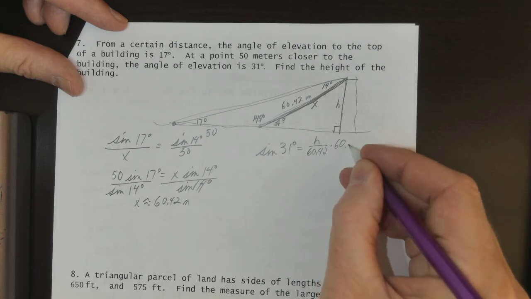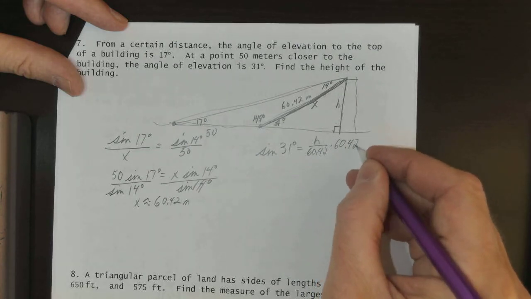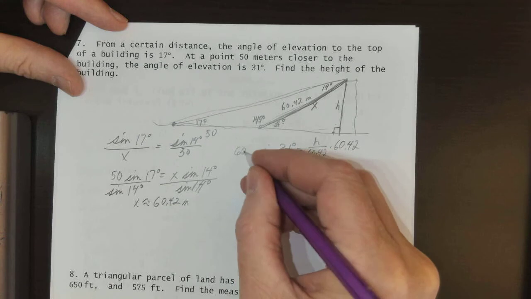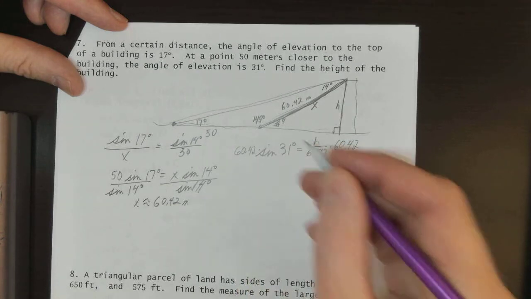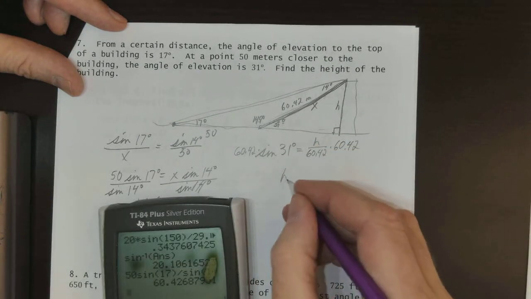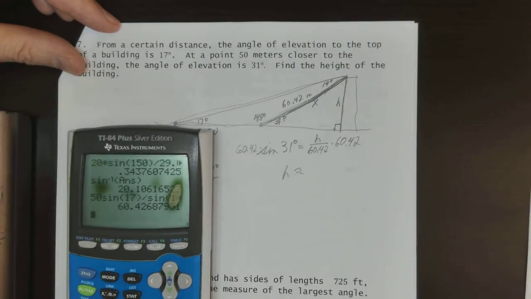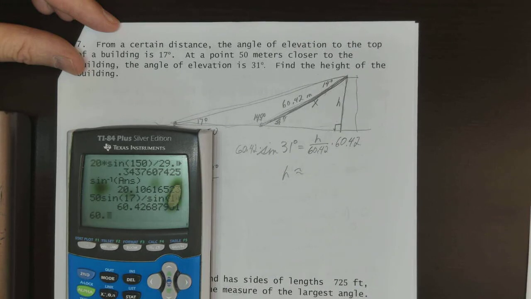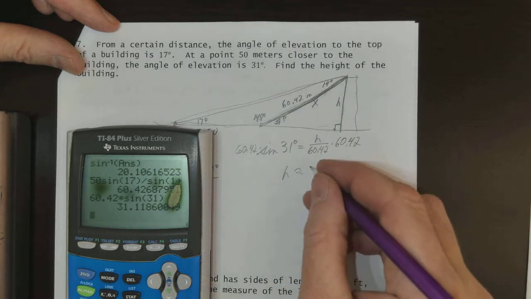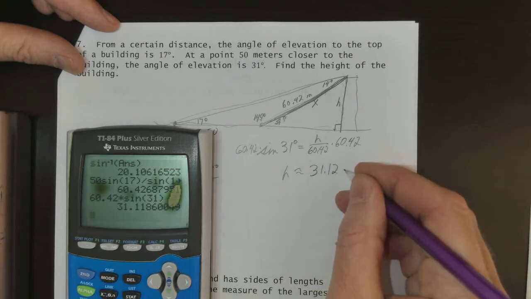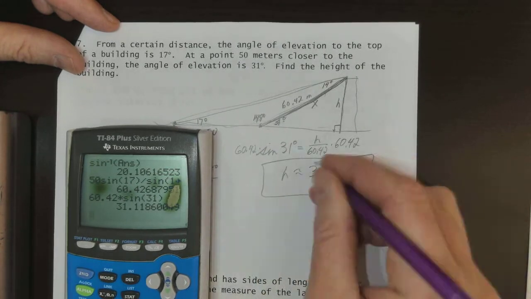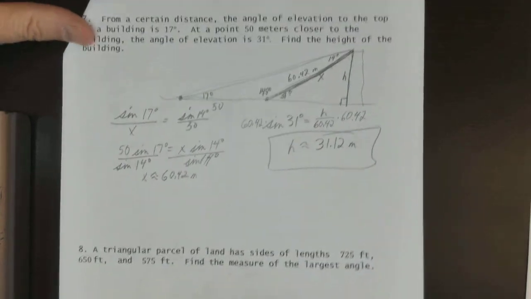And when I multiply both sides by 60.42, I'm going to get h is approximately 60.42 times the sine of 31, 31.12 meters for the height of that building.